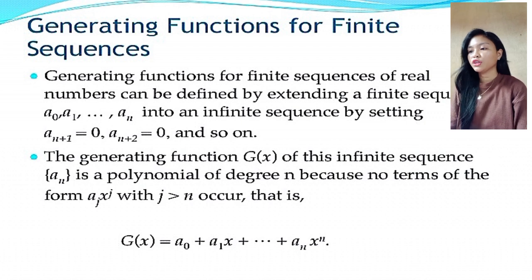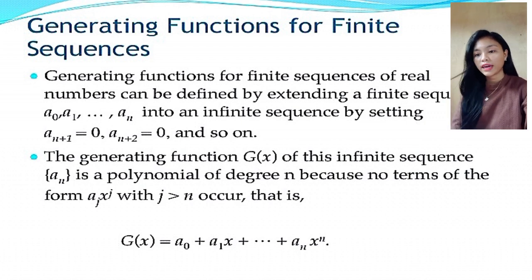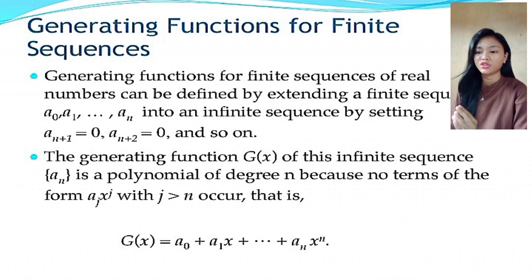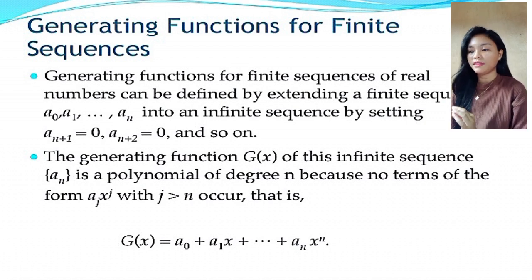The generating function G of x of this infinite sequence is a polynomial of degree n, because there are no terms of the form a_j x^j with j greater than n.